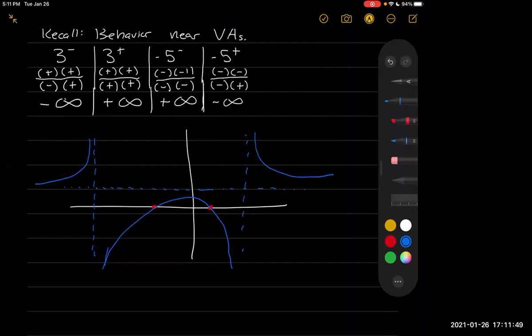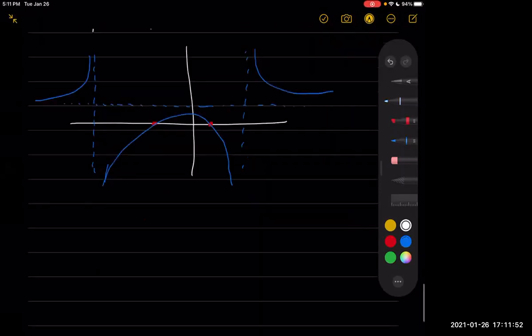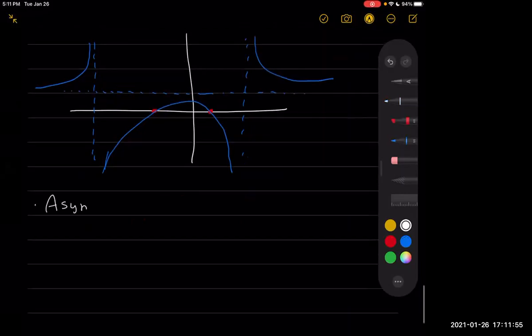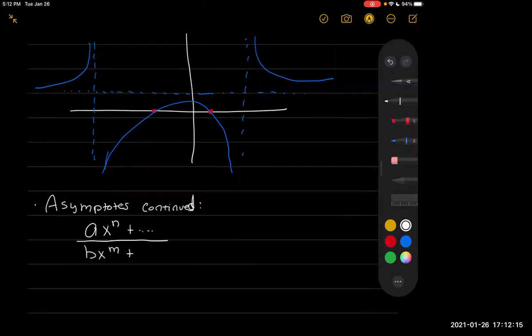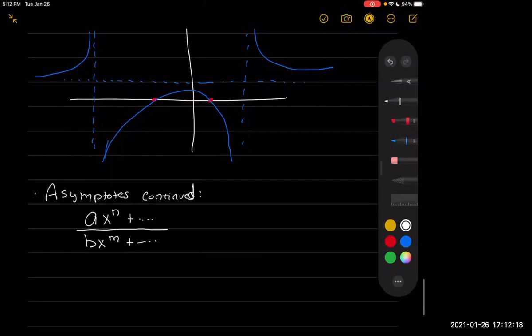All right. And then for all types of asymptotes, if we have something ax to the n plus something and bx to the m plus something, if n equals m, then we have a horizontal asymptote at the ratio a over b.